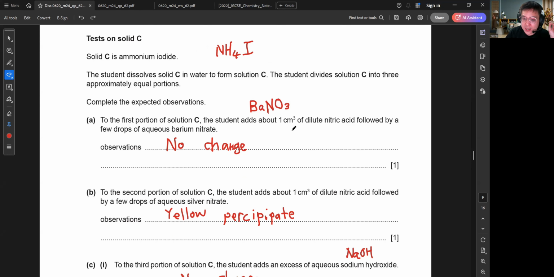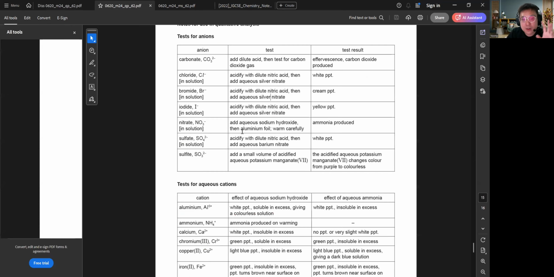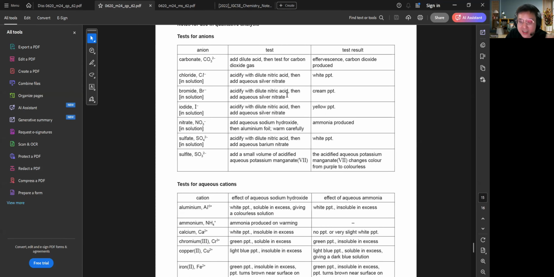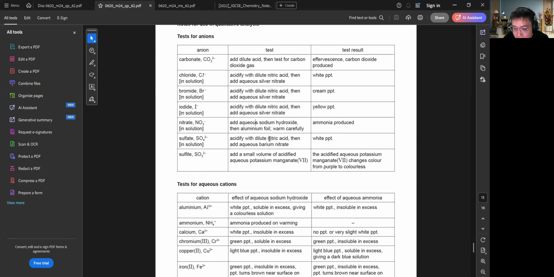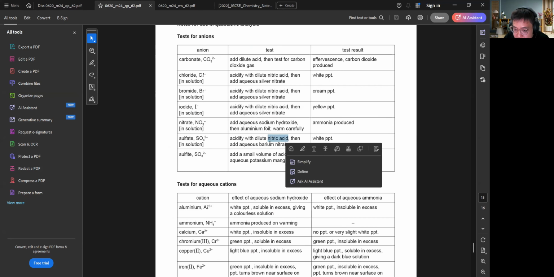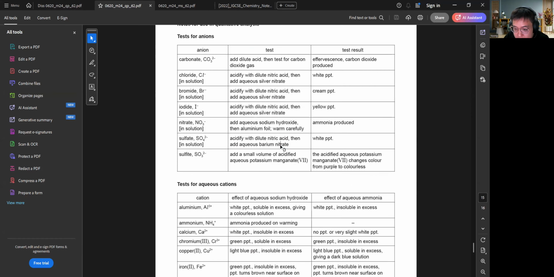Dilute nitric acid and barium nitrate. I even wrote up the BaNO3 here. Let's see which test uses nitric acid and barium nitrate. Here is nitric acid, but here is not barium nitrate, so it's not what we are looking for. Here, we found it. Nitric acid and then barium nitrate.